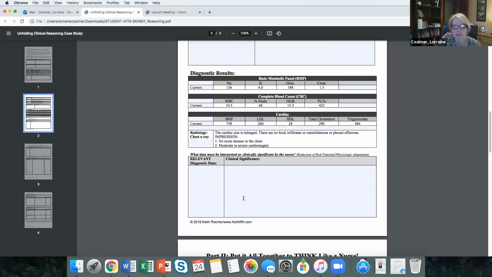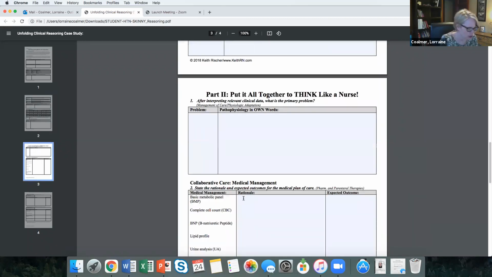So let me see what the next one is, put it all together. Interpreting relevant clinical data. What is the primary problem? Hypertensive. Now this is what Keith RN says: hypertensive urgency that may be a hypertensive crisis.